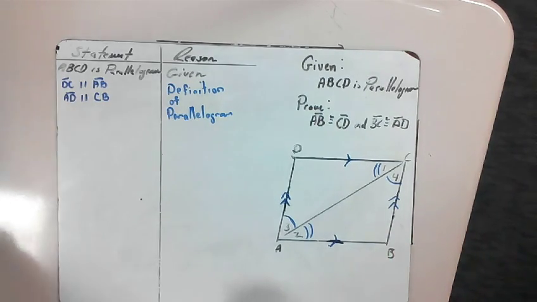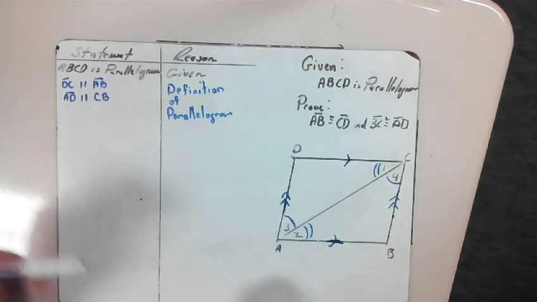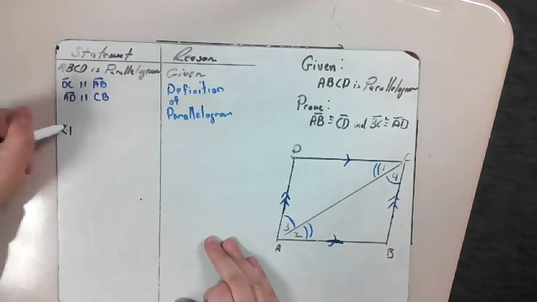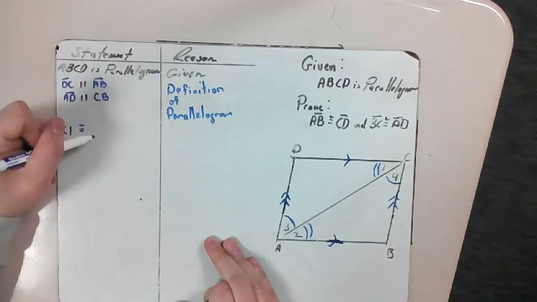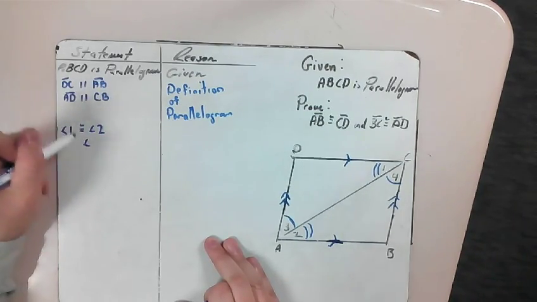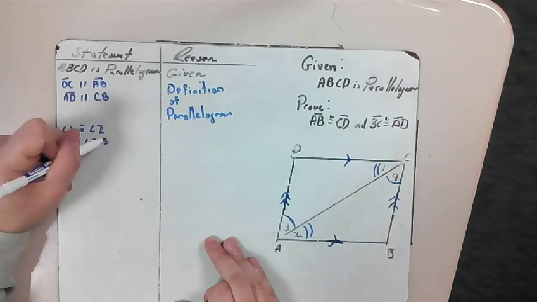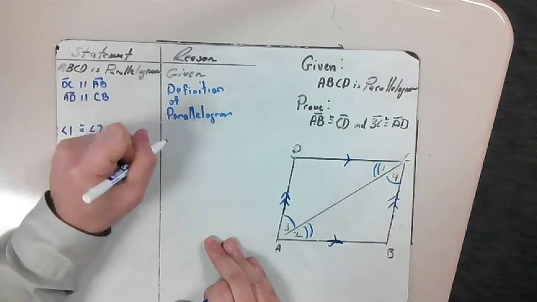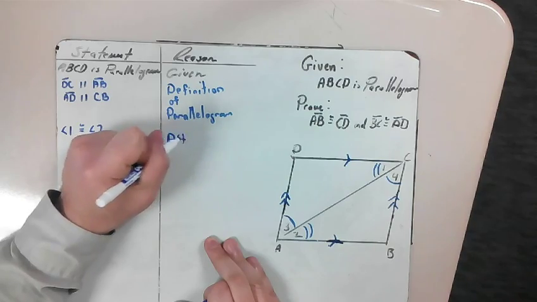Now, inside there, we said we have the alternate interior angles. So I'm going to say angle 1 is congruent to angle 2, and angle 3 is congruent to angle 4, and that's because they're alternate interior angles.